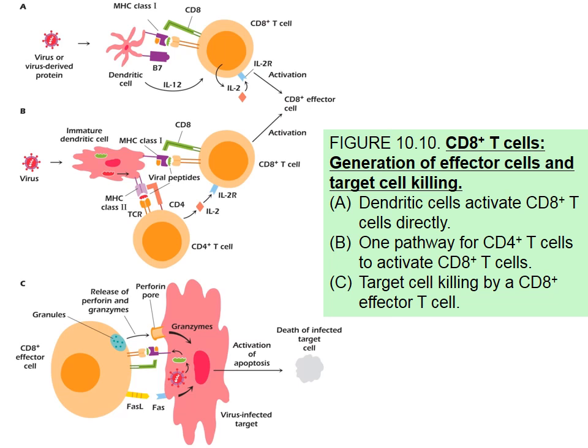Okay, and finally, if there is, for example, in this case, a virus-infected target. So this target is virus-infected, and then there are these receptors expressed. One of the receptors, of course, will be MHC class 1, you can see from here.